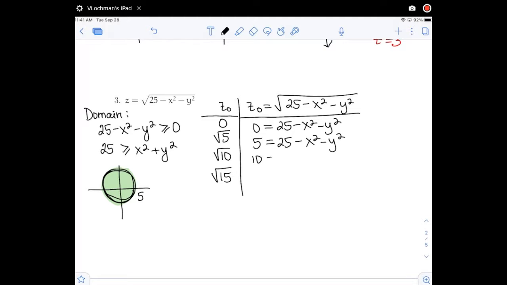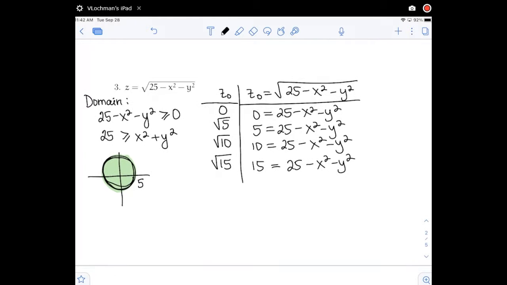And then here I'm going to get 5 equals 25 minus x squared minus y squared, and so forth, right? 10 equals this expression, and then 15. Okay, so these are my level curves. Let's go ahead and sketch them and see what the pattern is going to look like here.